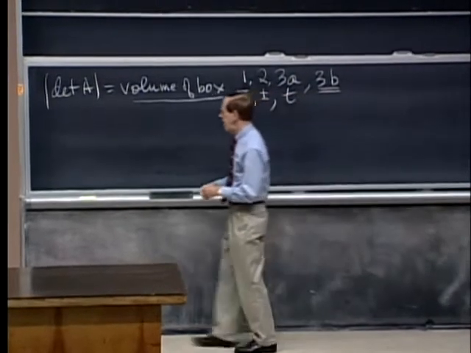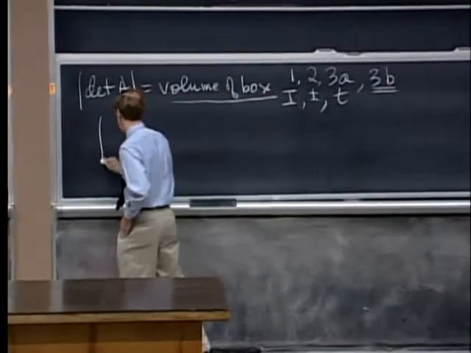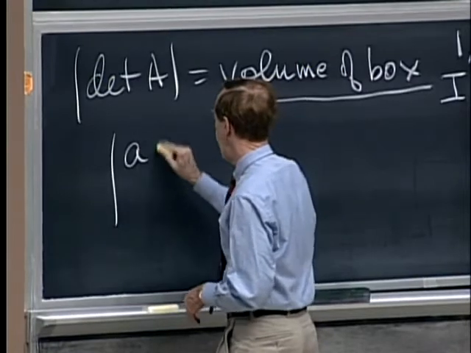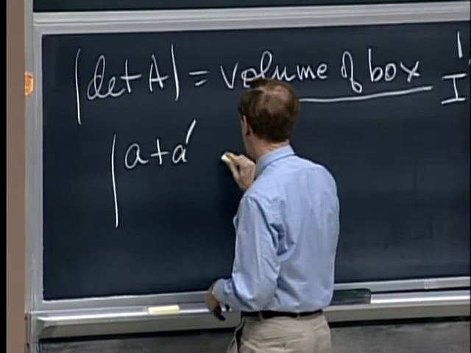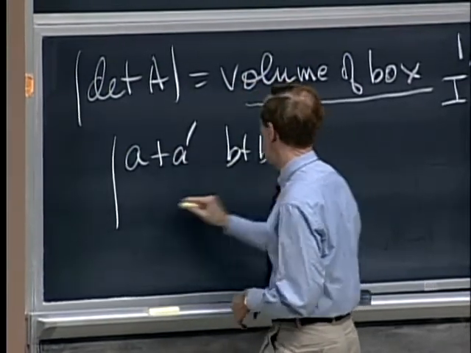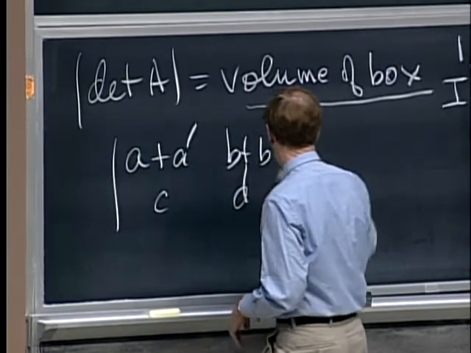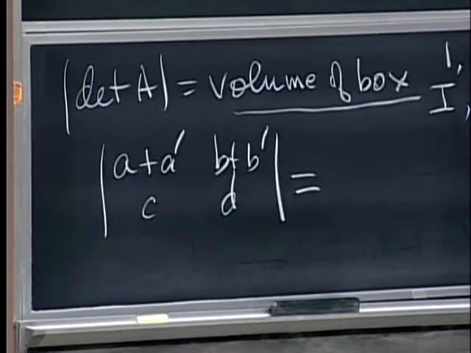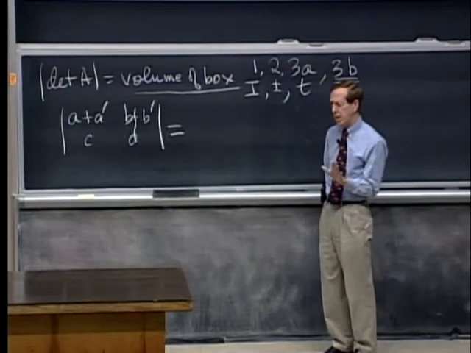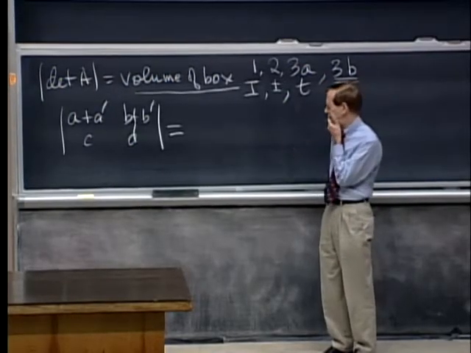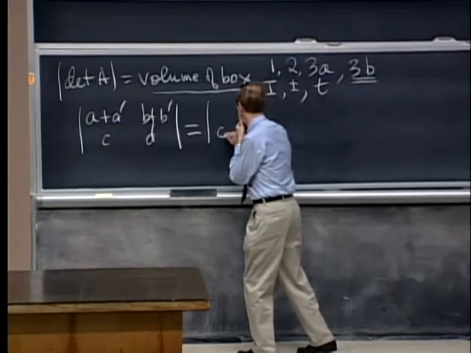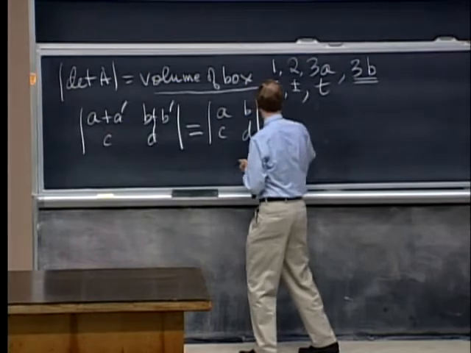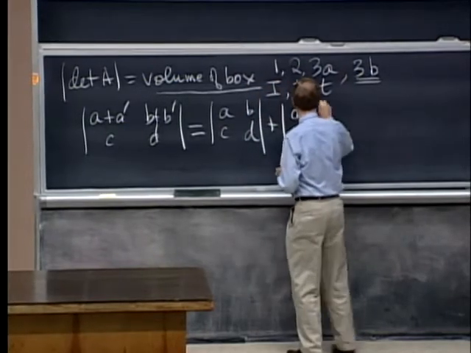Property 3b said, let's do 2 by 2, that if I had a plus a prime, b plus b prime, c d, then this equaled what? This is the linearity in row 1 by itself. So c d is staying the same, and I can split this into a b and a prime b prime.